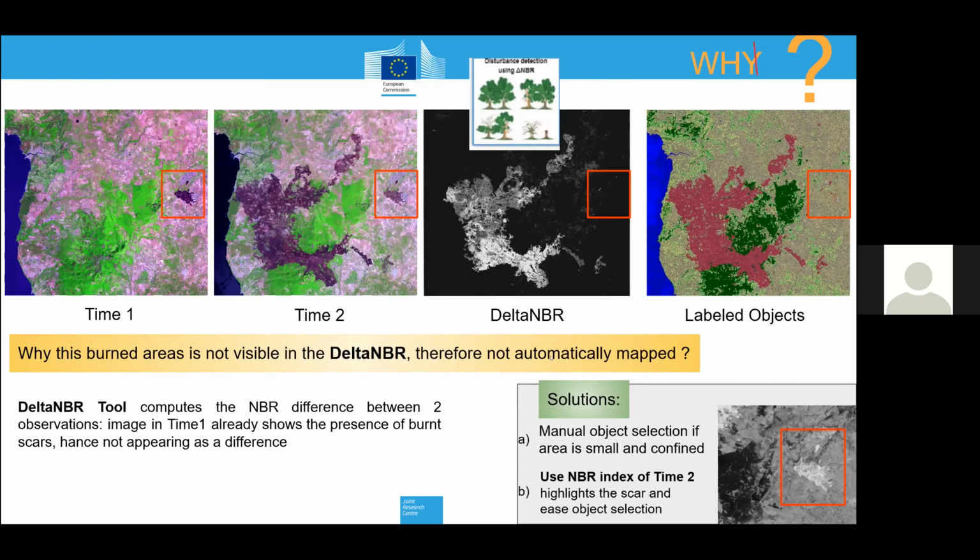So what we can do is use the individual image or individual NBR in order to facilitate the selection of objects, polygons, in this area, or you can also use a manual object selection if the area is small and confined. So by clicking on a few polygons, a few objects, we can assign the classification by hand.